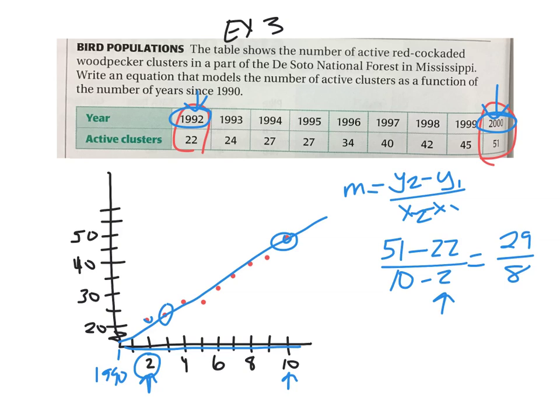Okay, so that's my slope, 29 over 8. If you can reduce it, do so. If you can't, you just leave it as a fraction. And then I grab one of my points, and I'm going to use this one, the point 10 comma 51. And I plug that in so I can find my y-intercept.